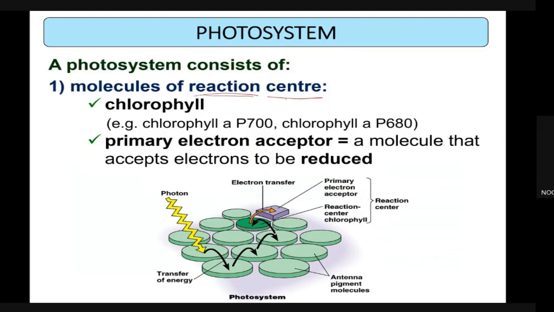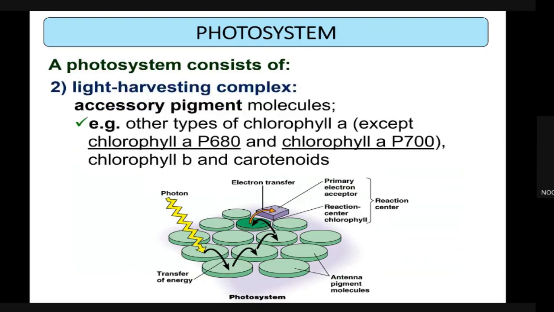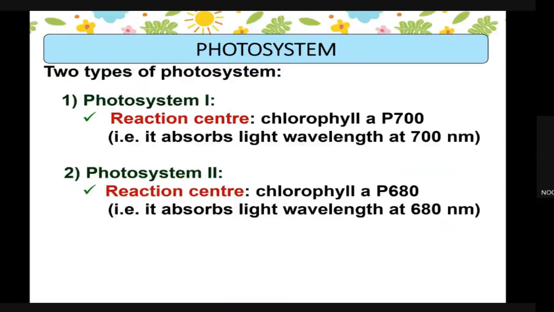When the primary electron acceptor accepts the electron, then it is said to be reduced. The second component of a photosystem is the light-harvesting complex, which includes the accessory pigment molecules: the chlorophyll A, except for the P680, the chlorophyll B, and also all carotenoids.